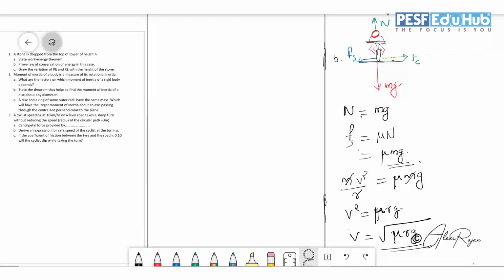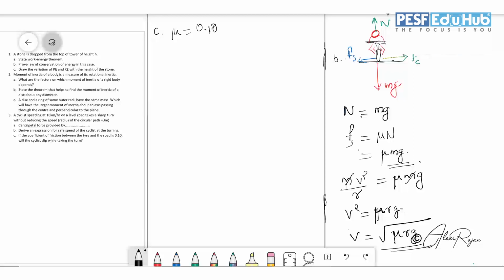Now the third sub-question, C. If the coefficient of friction between the tire and the road is mu equal to 0.10, will the cyclist slip while taking the turn? So this is the question.